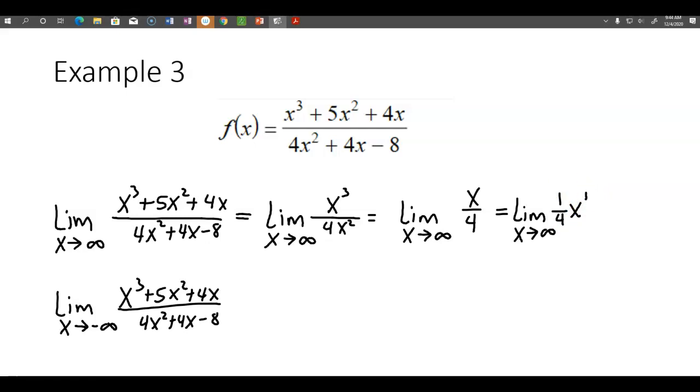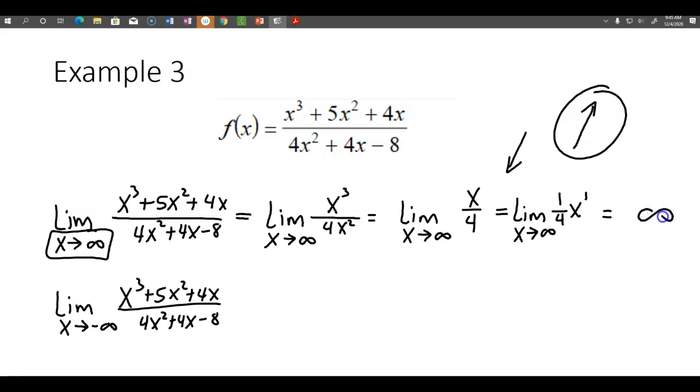And when you have a positive coefficient and an odd power, that means it's up on the right, down on the left. Okay? And so, since we're on the right for this particular problem, then it's going up, and therefore my answer will be infinity.